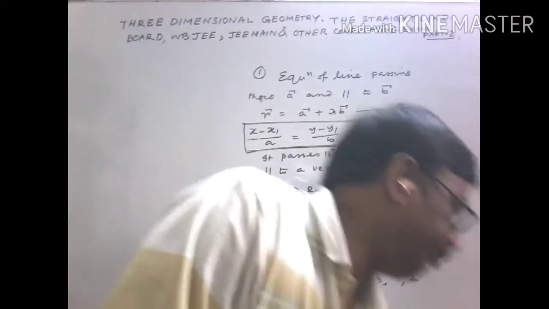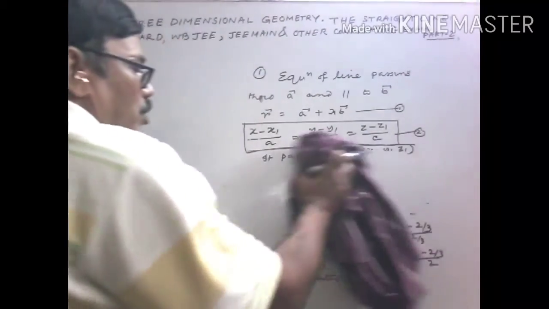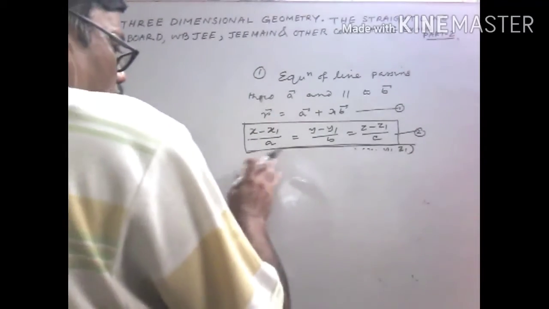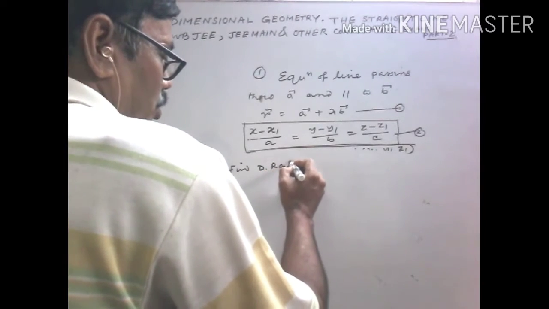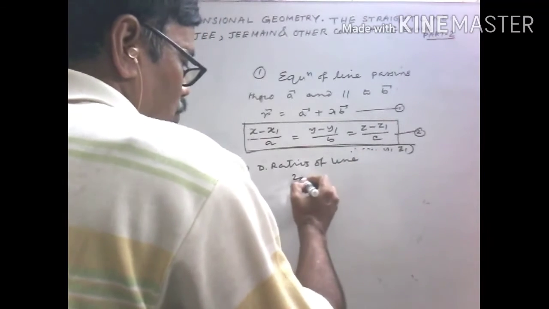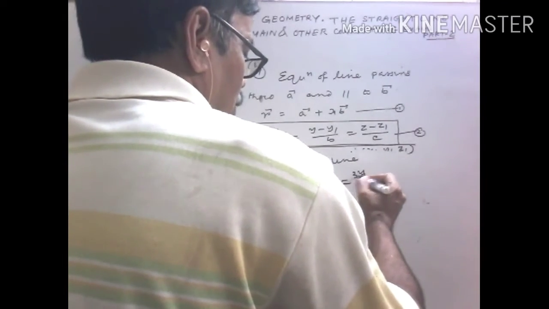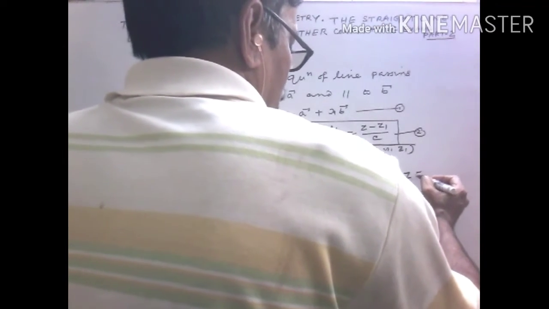Now one more problem. So sometimes it is given in twisted form. So find d ratios of the line (2x minus 1) by 2, (3y minus 1) by 3, z equals to 1.